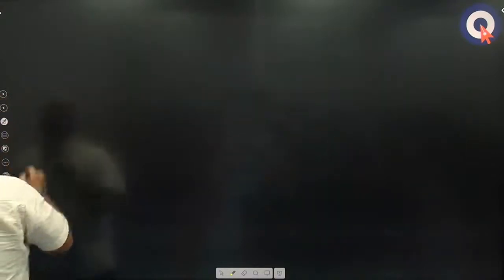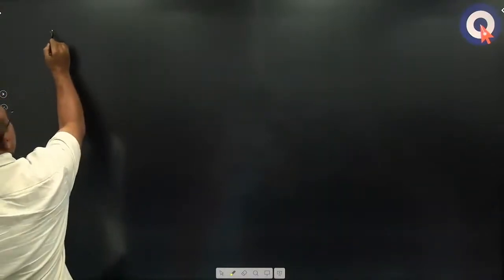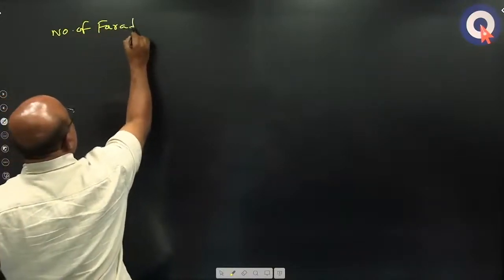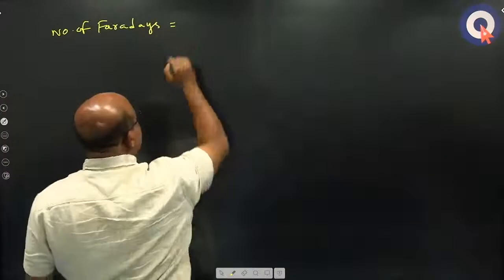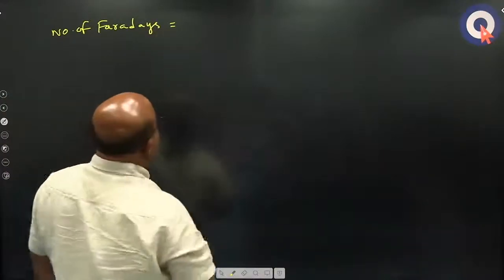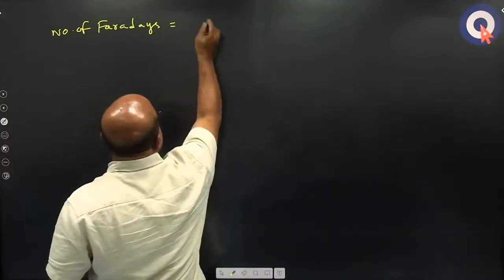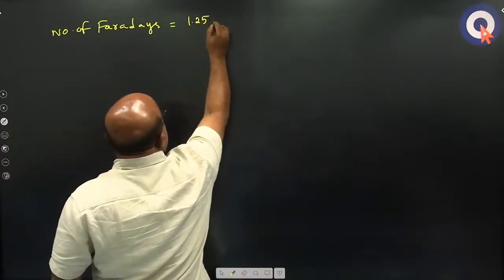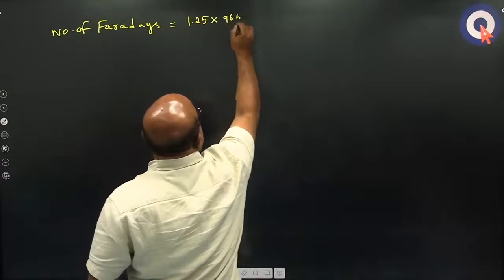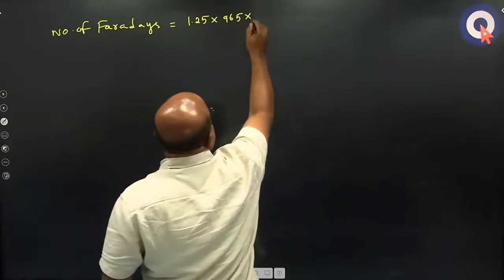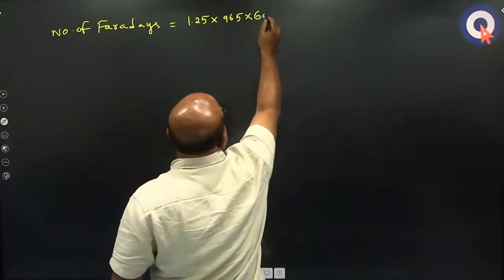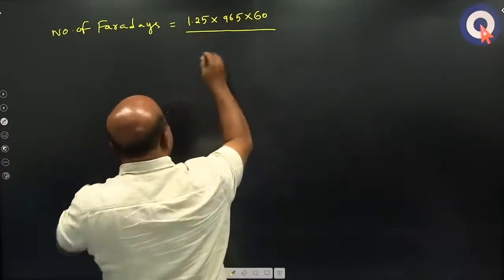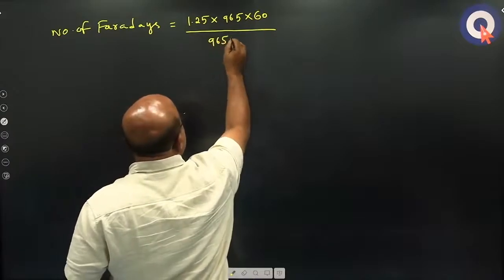So what is the total number of Faradays? How we predict the number of Faradays is the quantity of charge in coulombs, that is current in amperes times time. So current in amperes was 1.25 and time was 965 minutes. In terms of seconds, you should convert the minutes, divided by 96500, which is one Faraday.